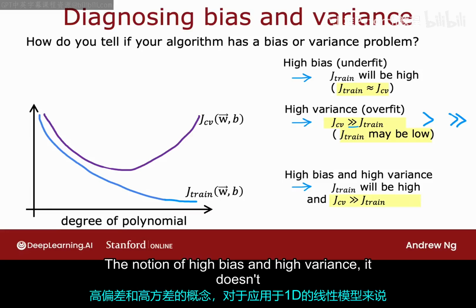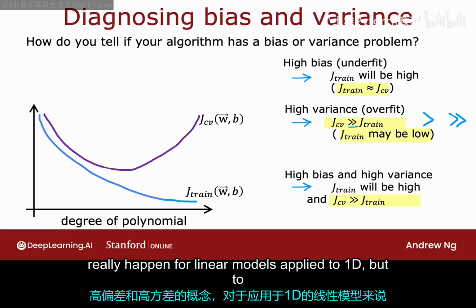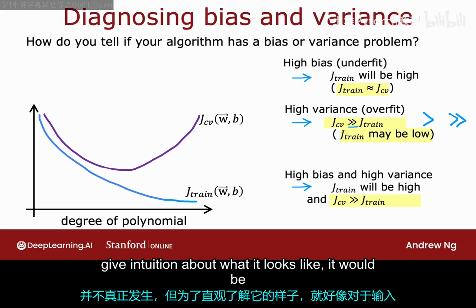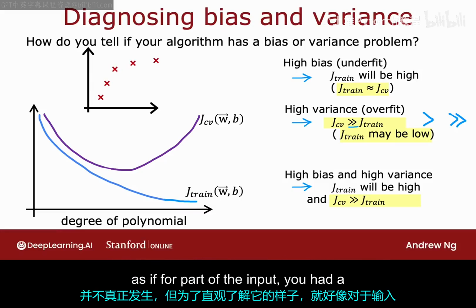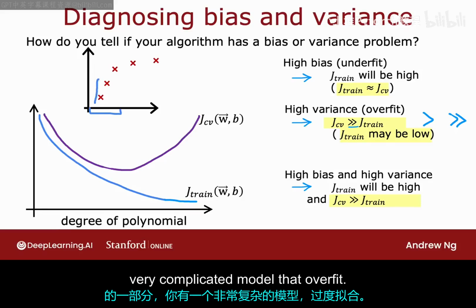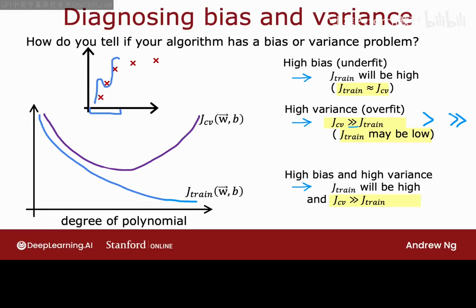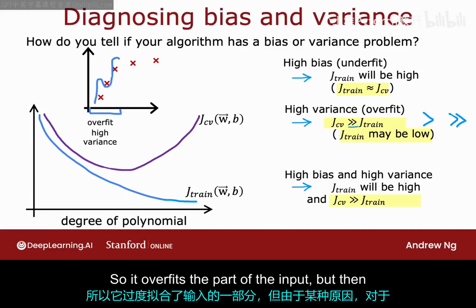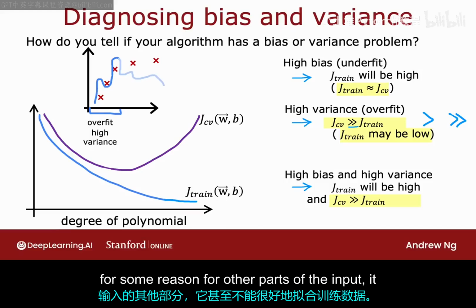The notion of high bias and high variance doesn't really happen for linear models applied to 1D, but to give intuition about what it looks like, it would be as if for part of the input, you had a very complicated model that overfit. So it overfits part of the input. But then for some reason, for other parts of the input, it doesn't even fit the training data well.